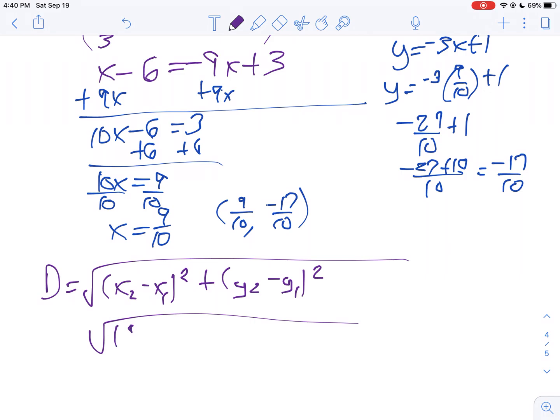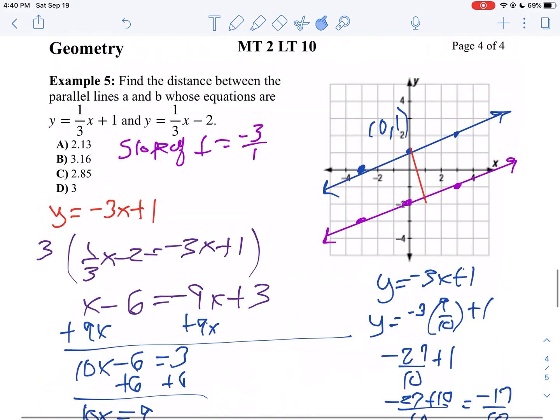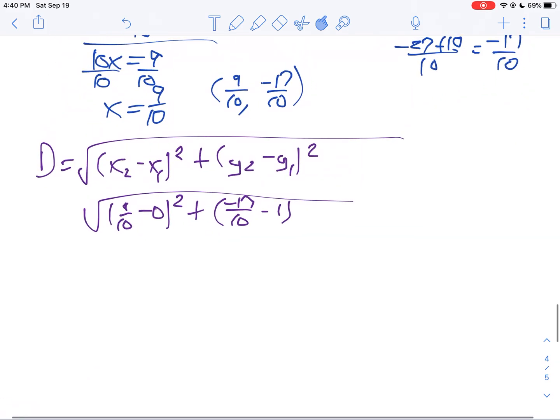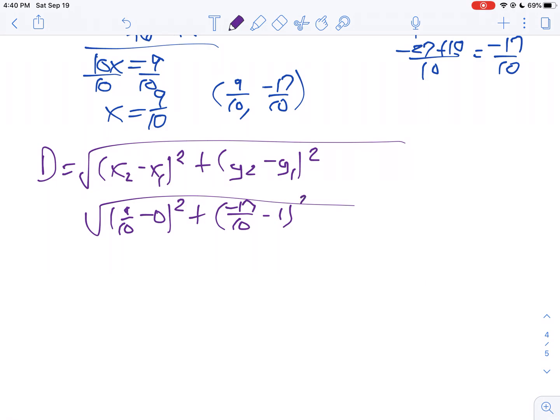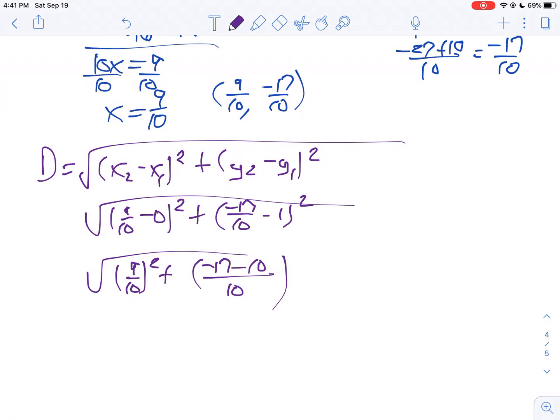That'll be 9/10 minus 0, squared, plus negative 17 over 10 minus 1, because that's my y-intercept, squared. Well, 9/10 minus 0 is 9/10. Negative 17 over 10 minus 10 over 10, because you need a common denominator.